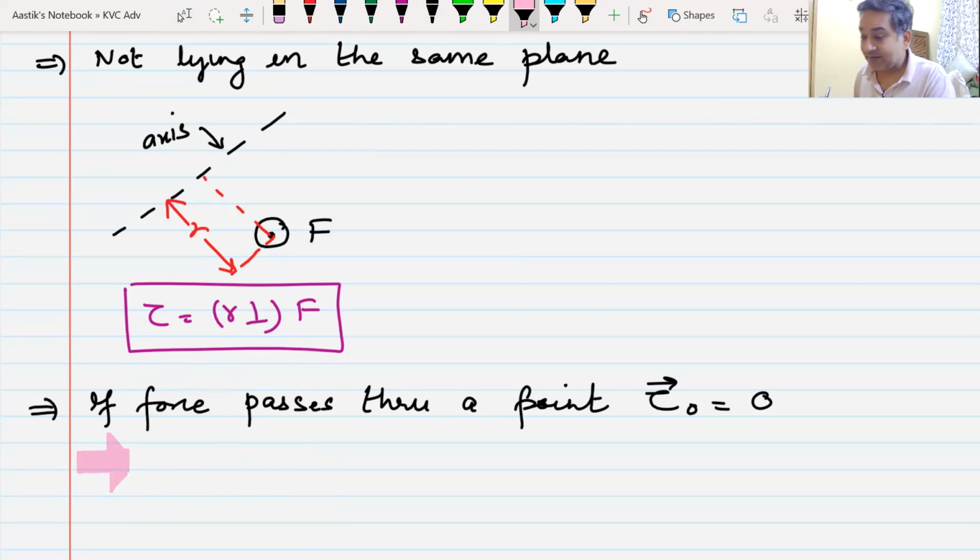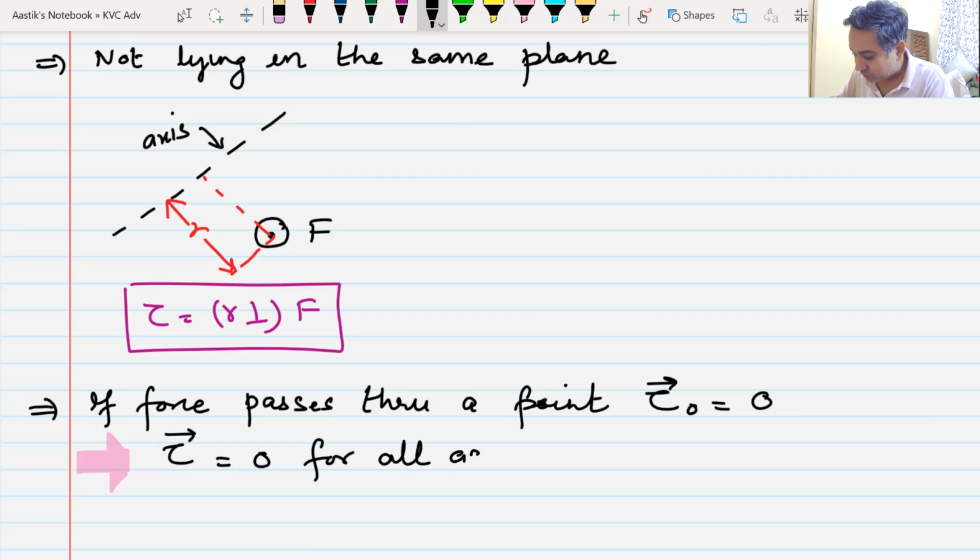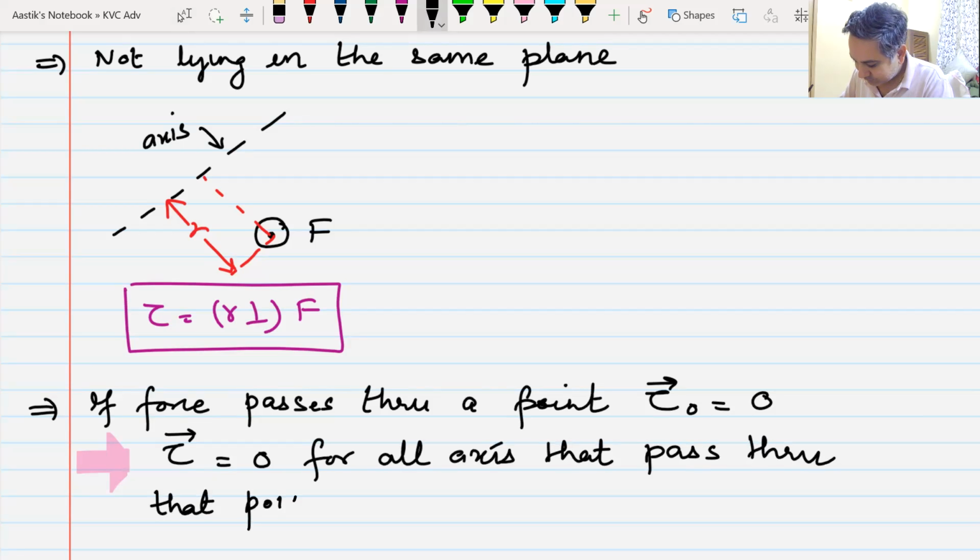It also implies that the torque of the force will be 0 for all axes which pass through those points. Do you understand this?